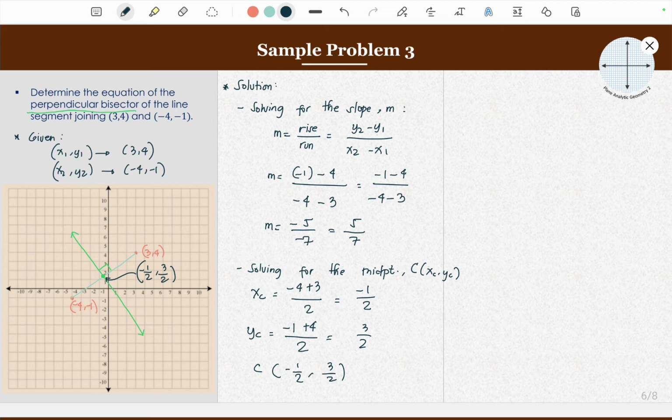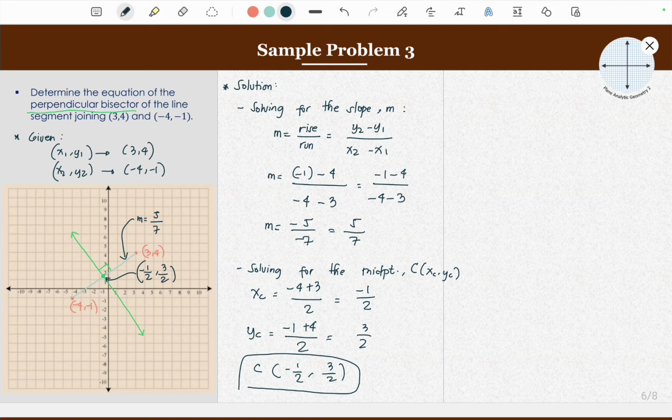Now, we're going to use again the point slope form. So our point in this line is the midpoint, this one, and our slope will be the next value to be determined. So if the slope of this line segment here is 5 over 7, what will be the slope of the line which is perpendicular to this line segment?